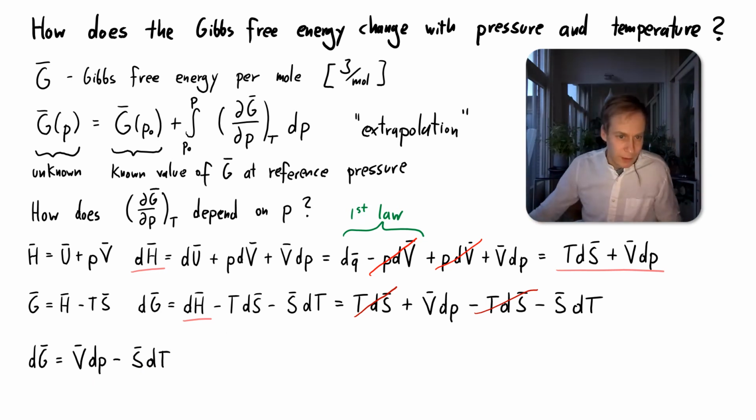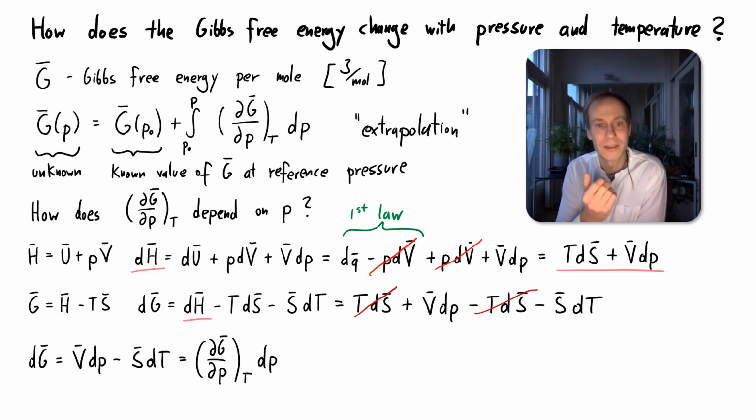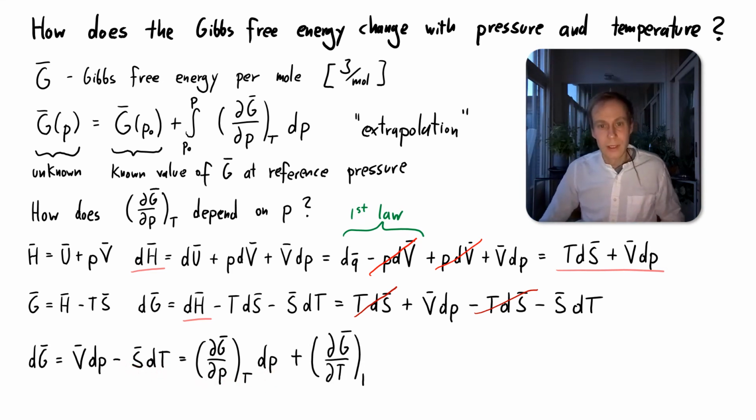Okay, now we have this expression for dG. And I can actually write this with partial derivatives. Instead of writing VdP, I can write the partial derivative of G over P at constant temperature times dP. And instead of the entropy, I can write the partial derivative of the Gibbs free energy with respect to the temperature at constant pressure times dT, right?